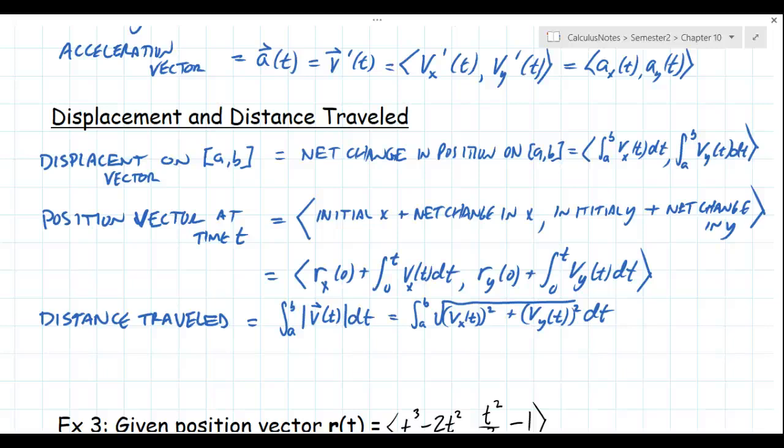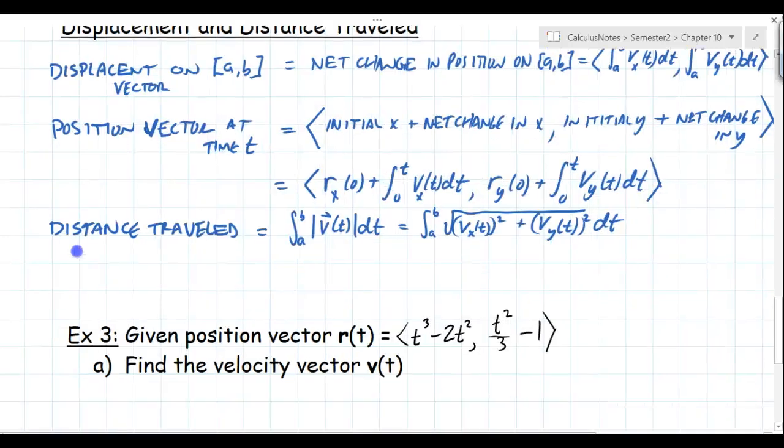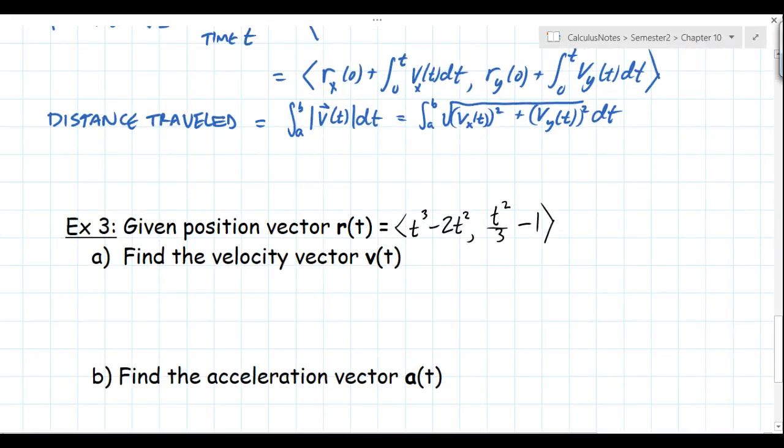If we want to know where we are now, if I say you moved 10 units to the right, do you know where you are? No, you have to know where you started. If I say you started at the point 2,6 and you moved 5 units to the right, now you know where you are because you take your initial position plus the change. Okay? You're welcome.